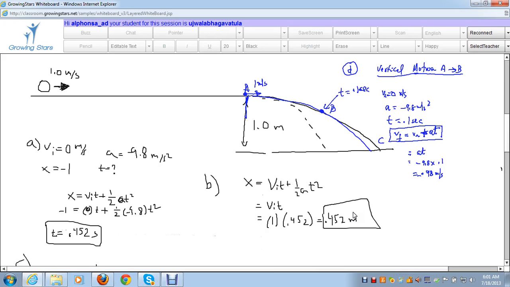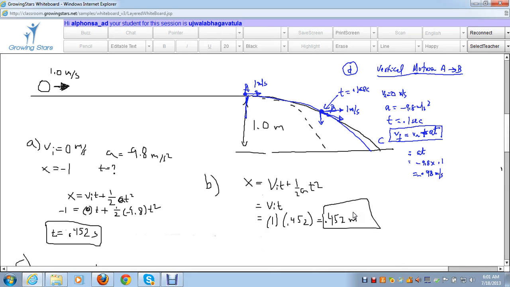So now the final velocity here will be tangential. We got only the vertical component now, but there's a horizontal component also, and that will be 1 meter per second, isn't it? Because gravity is acting vertically down, it has no component in the horizontal direction.